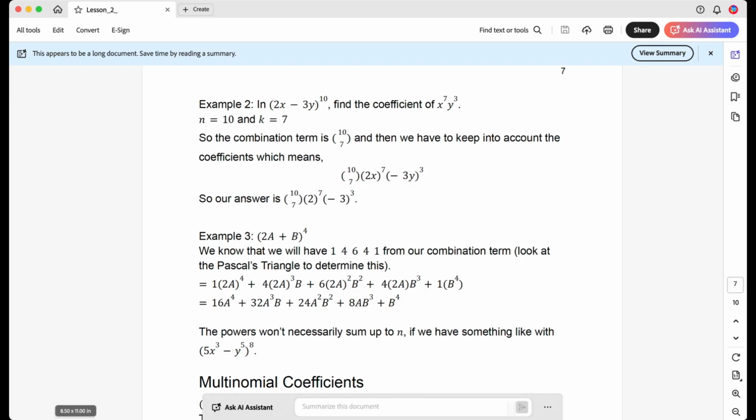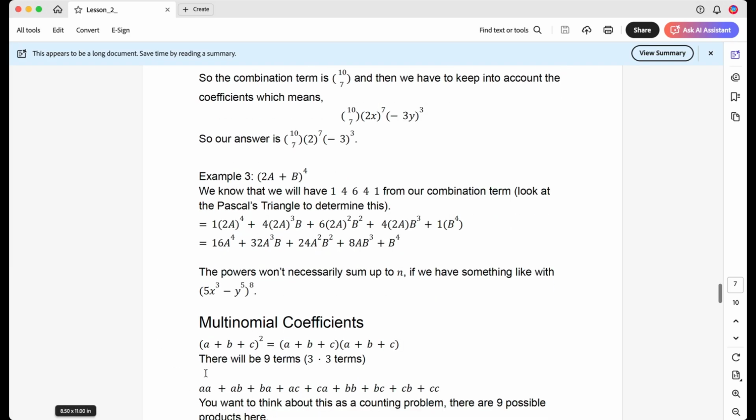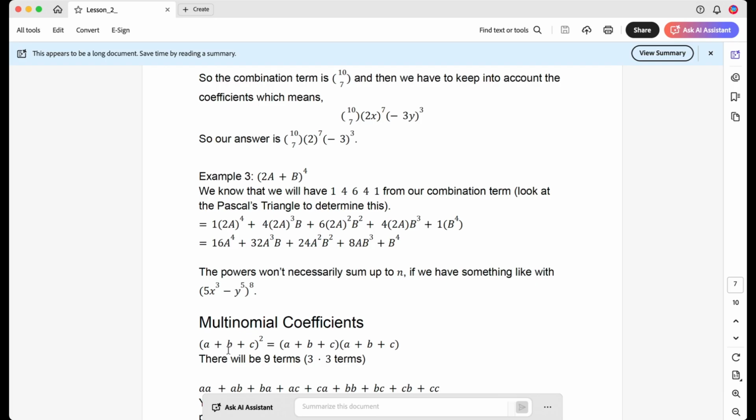Multinomial coefficient. So now we have more than two terms in our expression. If we're squaring the trinomial a plus b plus c, it's a plus b plus c times itself. We have 3 terms in each parentheses for a total of 9 possibilities.